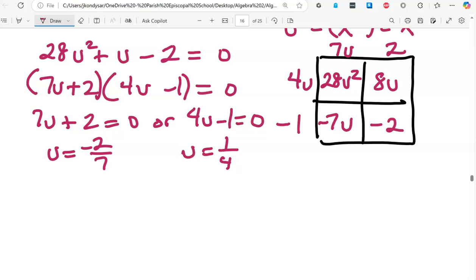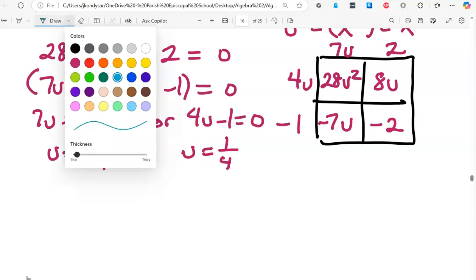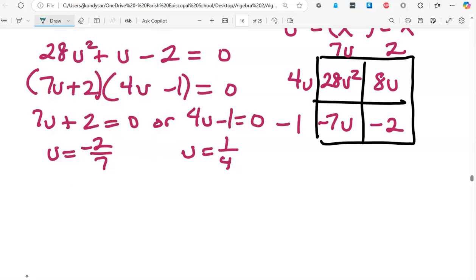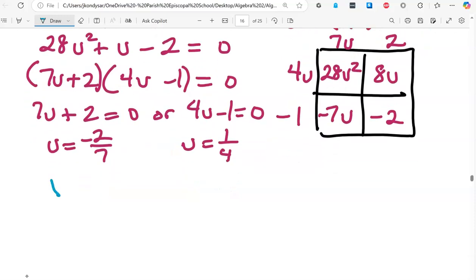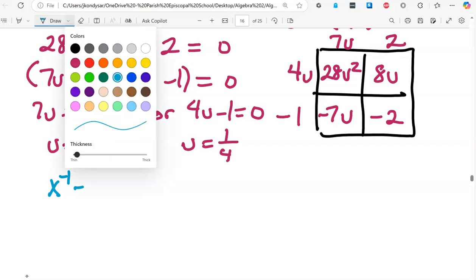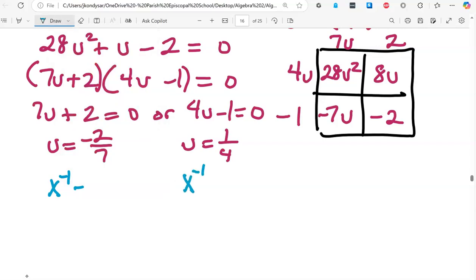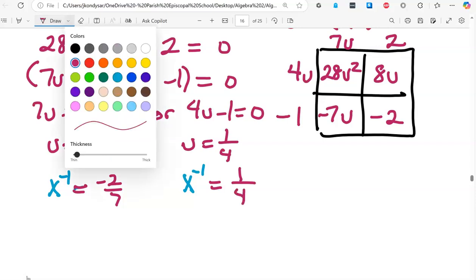Now, let's remember what u was. U represented x to the -1. So x to the -1 is equal to either -2/7 or x to the -1 is equal to 1/4. You know what we can do when we have an x to the -1 to solve for x?